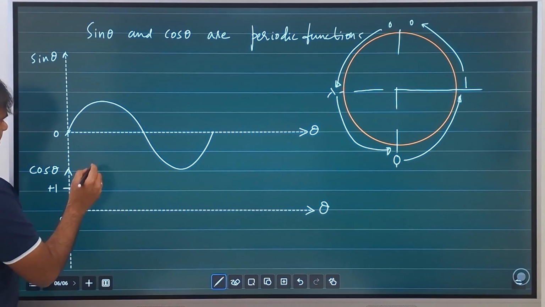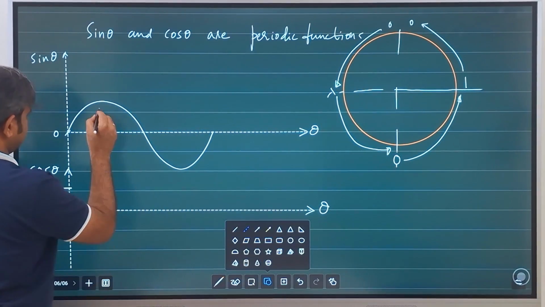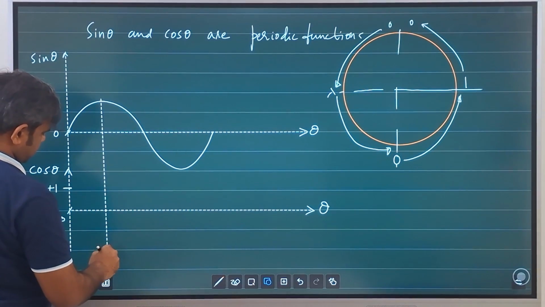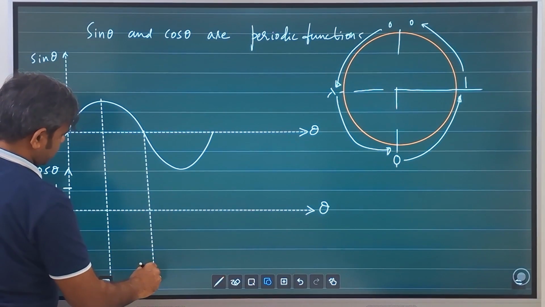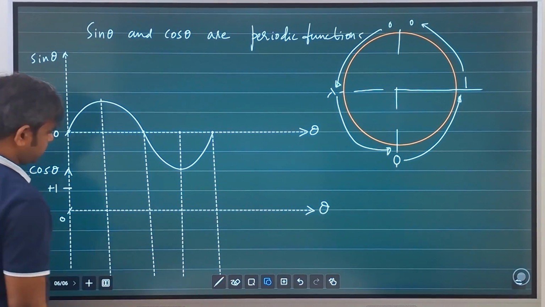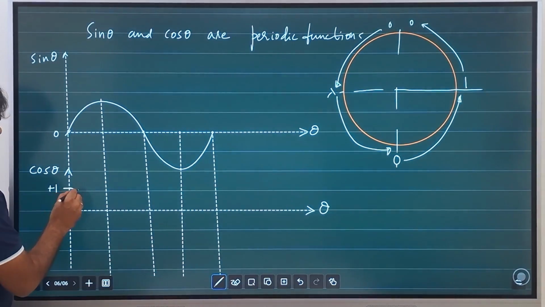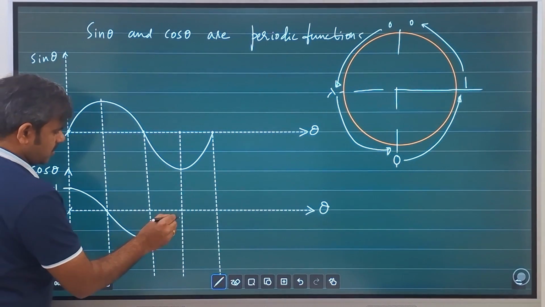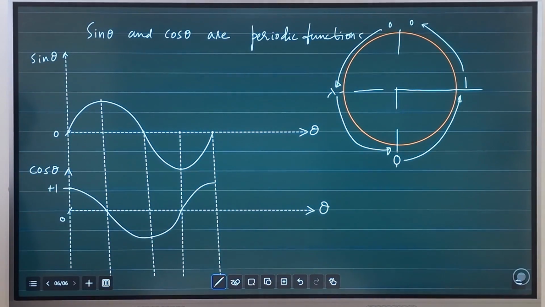And let's also draw the shape of cos theta graph. So look here, cos theta decreases from +1 to 0 as theta changes from 0 degrees to 90 degrees.